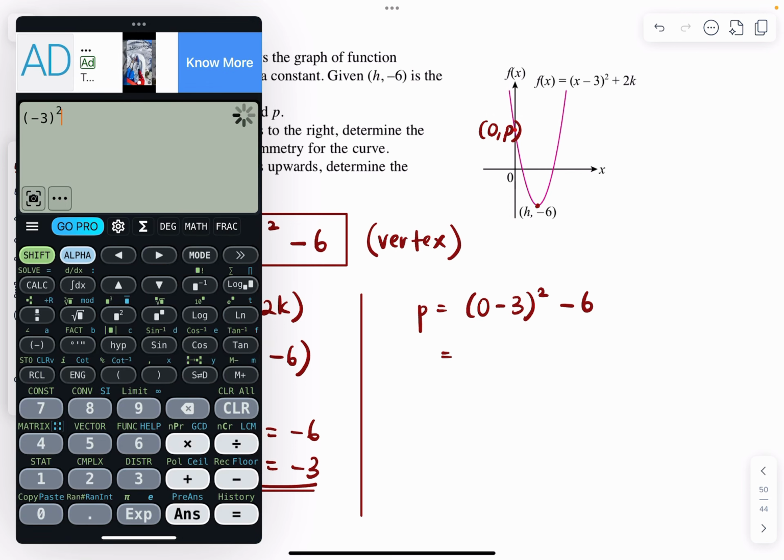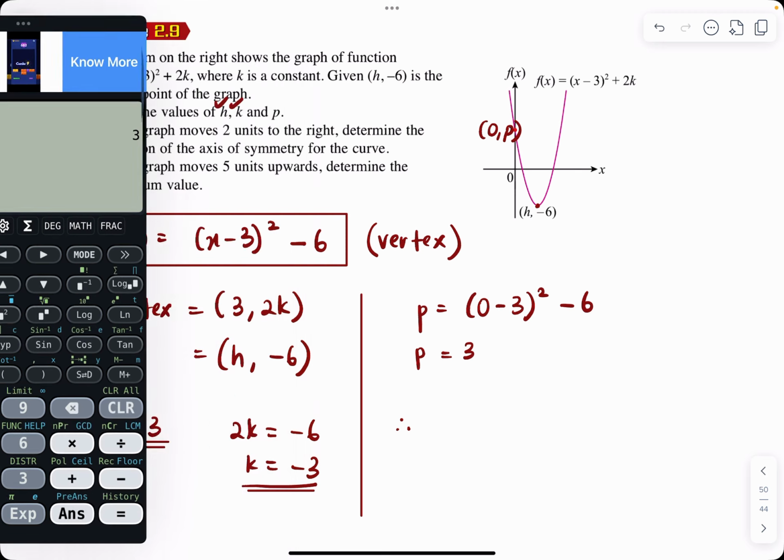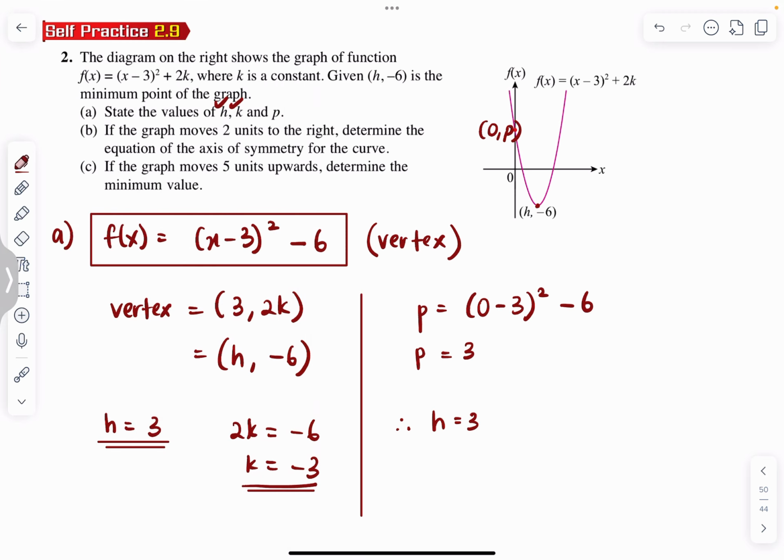Negative 3 squared minus 6 is 3. So we can say h is 3, k is negative 3, p is 3. This will be our answer for A. Done.